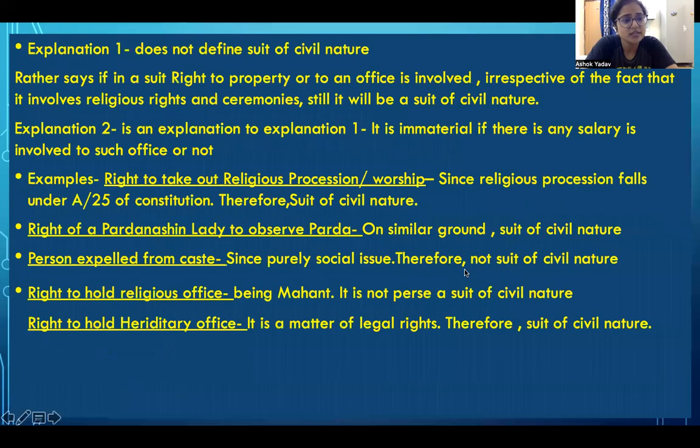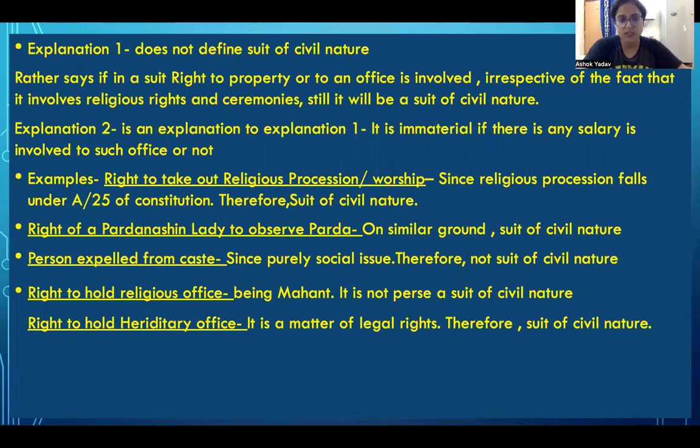So when you read explanation 1, you'll get to know that they are not defining a suit of a civil nature in this explanation. Rather, it is saying that if in a suit a right to property or to an office is involved, then irrespective of the fact that it involves religious rites and ceremonies, it will still be a suit of civil nature.